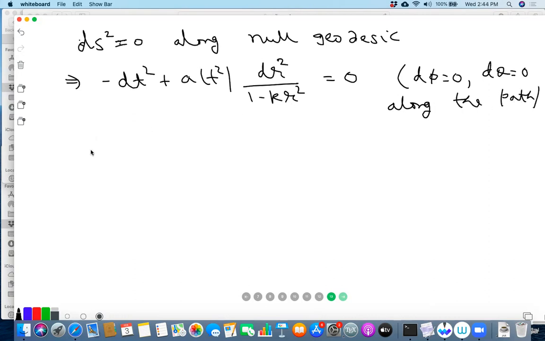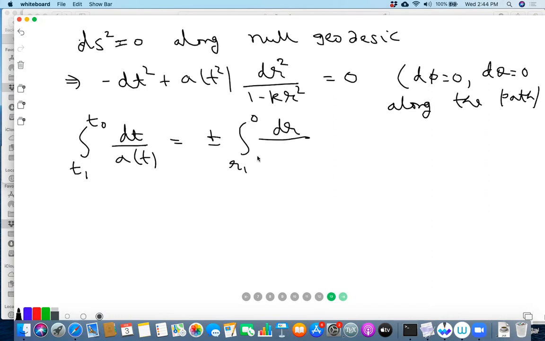So this tells us that the integral from t1 to t0, it starts at t1, ends at t0, dt over a of t is plus or minus the integral from r1 to 0 dr over square root of 1 minus kr squared. In this case, because t1 is less than t0, the left hand side is positive.